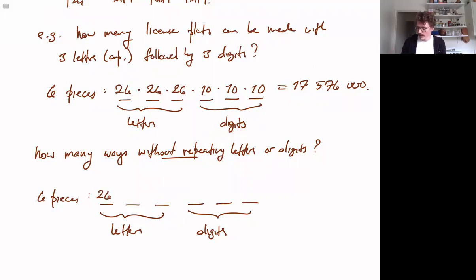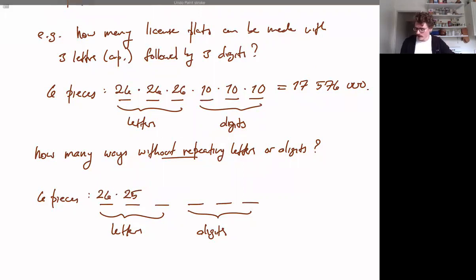So for the second one, we only have 25 options. And similarly, whatever letters we put in the first 2 slots cannot go in the third slot. So for the third slot, we only have 24 options.